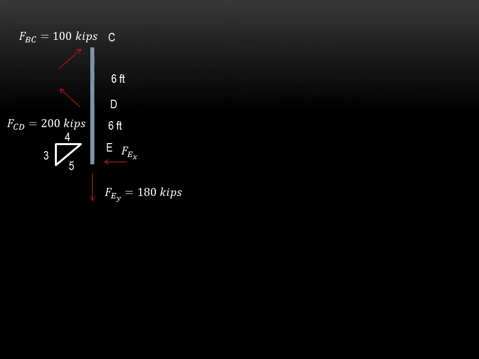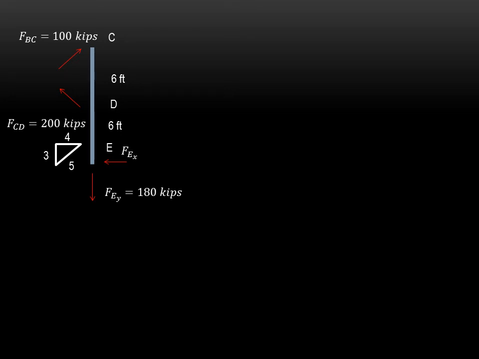Now that we were able to solve for the forces present at members BC and BD, we now go to force E. Since we already know the y component of force E, let us now get the x component of force E. Since we are able to solve almost all of the unknowns at member CDE, we can now use any equation present in the system to solve for the x component of force E. We can either use a force or moment equation.